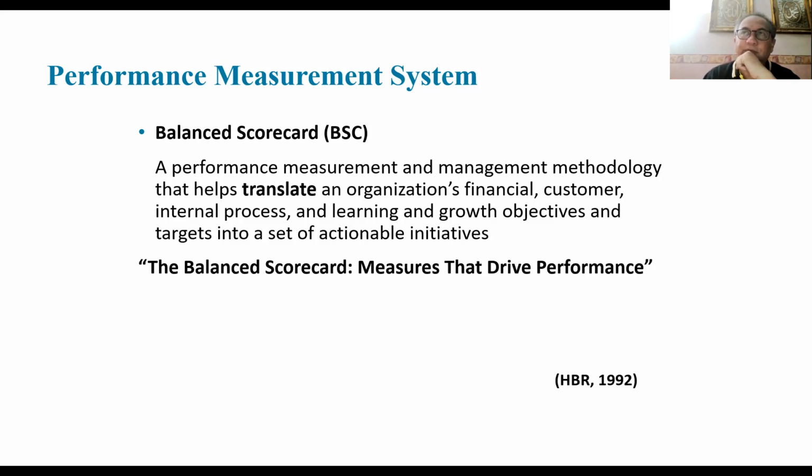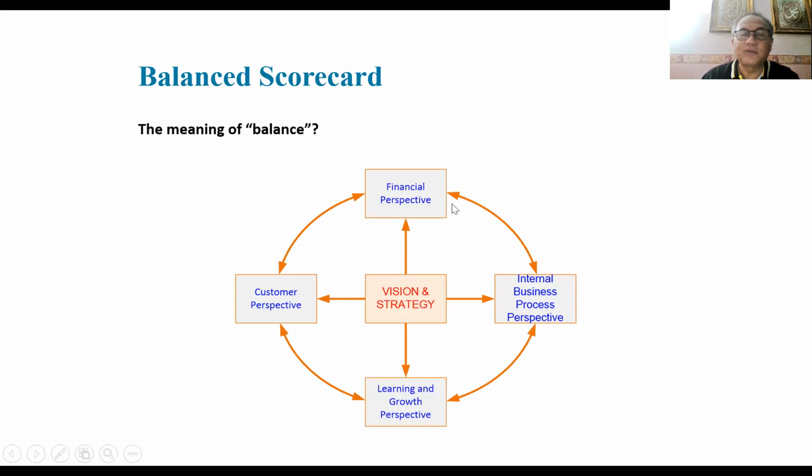If you have a larger number of customers and you can retain them, your business is good. And then besides customers, your internal process. If you are ineffective and inefficient in running your business processes, then your business is not good. But in order to be sustainable, there is the learning and growth objective. So they look into these four perspectives.